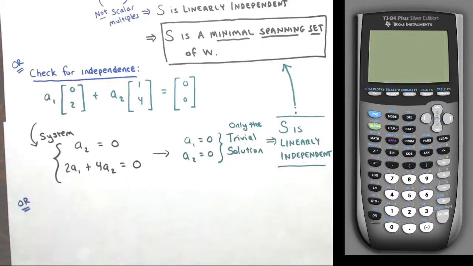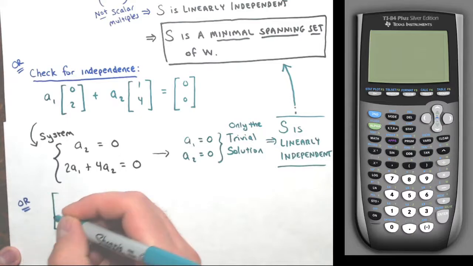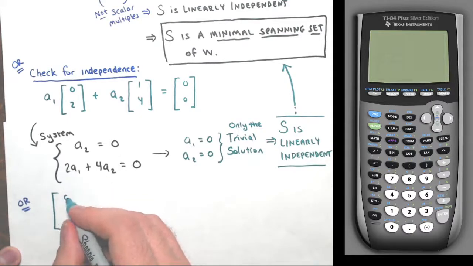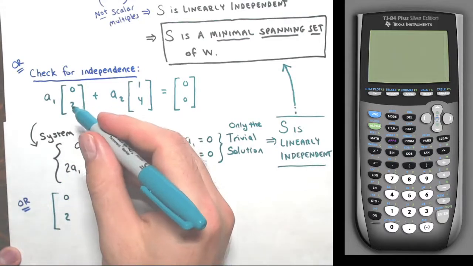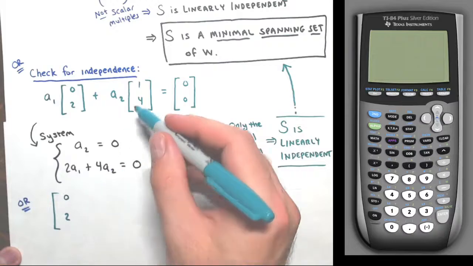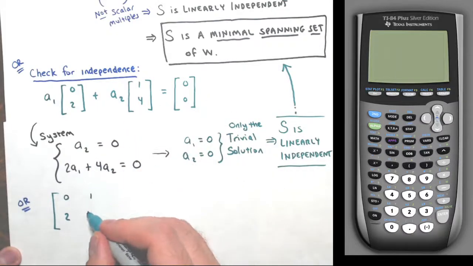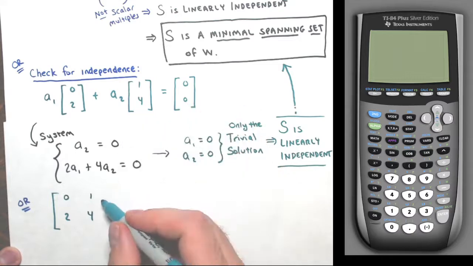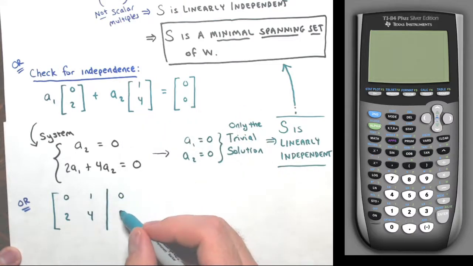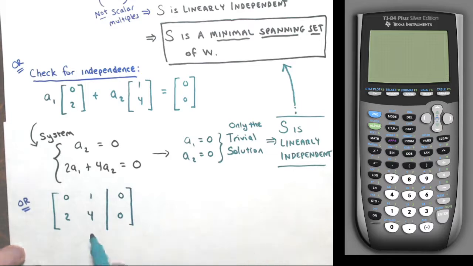I write an augmented matrix for this, where down the first column I have the coefficients of A1, which are 0 and 2, that's just the first vector in S. The second column is the coefficients of A2, 1 and 4, just the second vector from S, and a little bar, and then 0, 0. Then I put this in reduced row echelon form using some row operations or a calculator. I'll be using the calculator plenty later. I'm not going to do it for this one because it's pretty simple. There's only 2 rows.